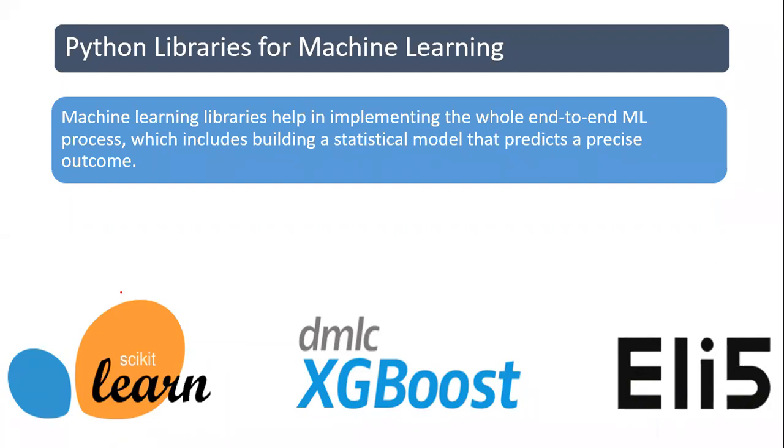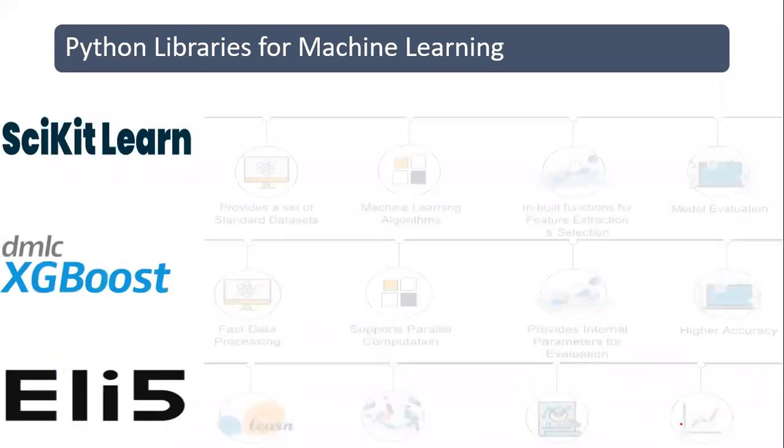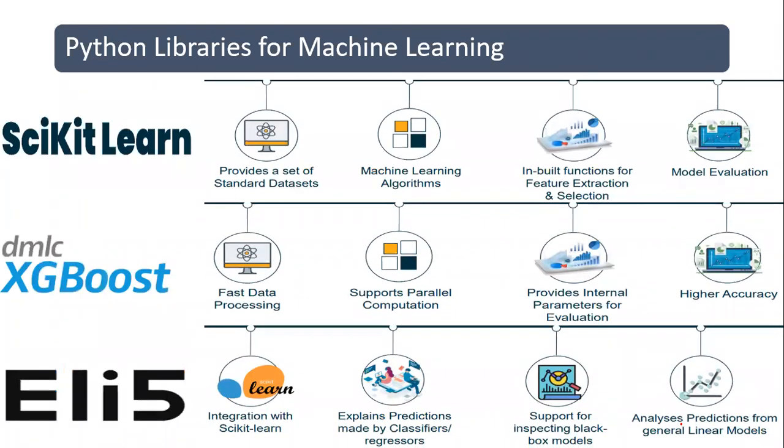The well utilized one is scikit-learn. We also have XGBoost and LightGBM, which are well utilized. So these are some of the libraries, you can say tools, which will be utilized for machine learning, right? This is what I was talking about, the tools.